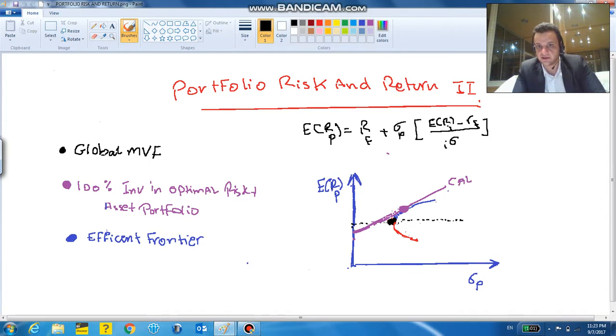This is I, which is the expected return on the risky portfolio, not on the optimal market risky portfolio. No, on the optimal risky portfolio in the specific investor's belief, and here the standard deviation of that optimal risky portfolio, in terms of a specific investor's beliefs.